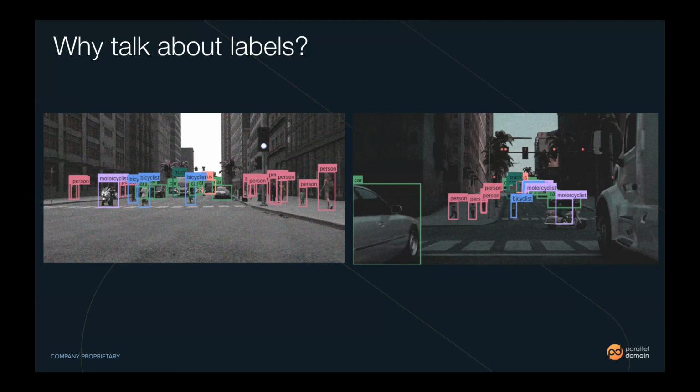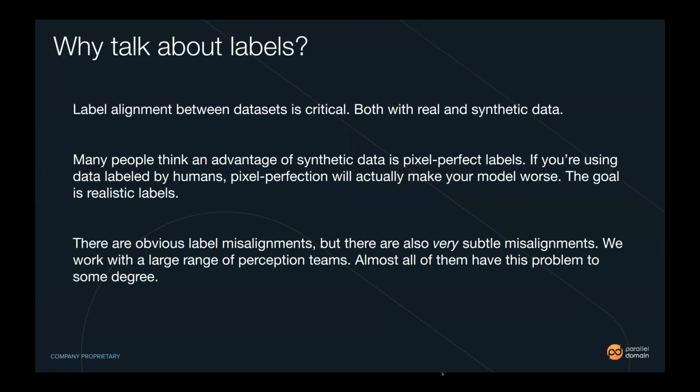So just to summarize quickly, why I want to talk about these labels today is that alignment in labels is very critical when working with synthetic data, but also when working with real data. You'll see the same effects when you have two different real data sets that are labeled by different labeling providers, for example.